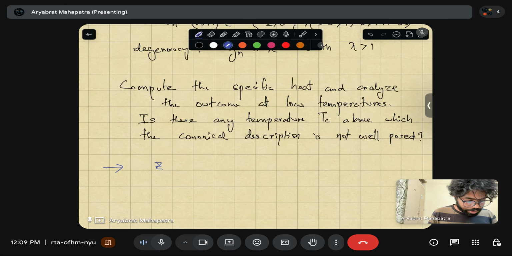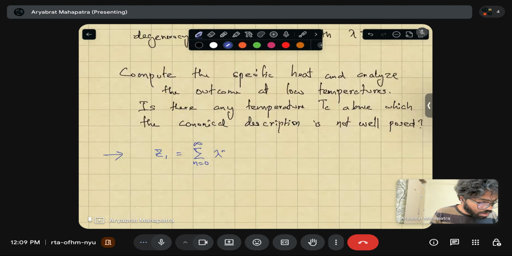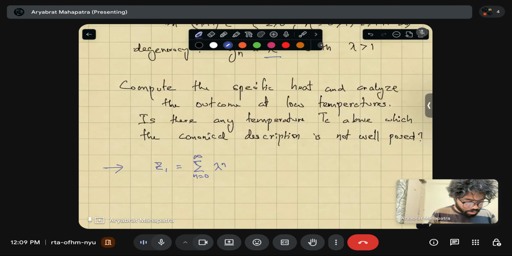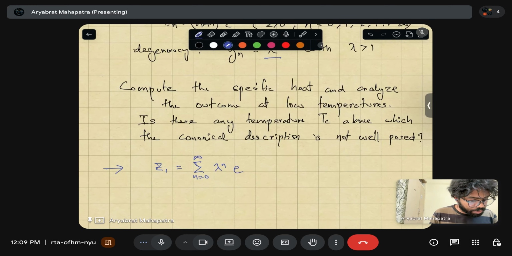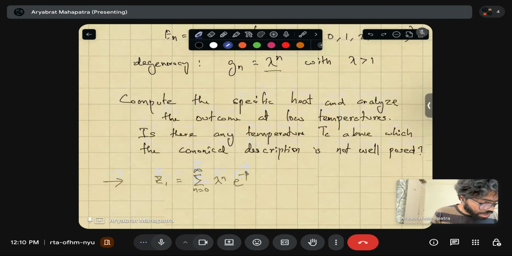The single particle partition function is the summation over all n from 0 to infinity, where the degeneracy is lambda^n, times exponential of minus beta epsilon_n. Earlier we had seen it was n epsilon, but now it is (n plus 1) epsilon.